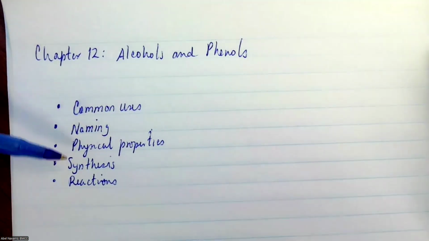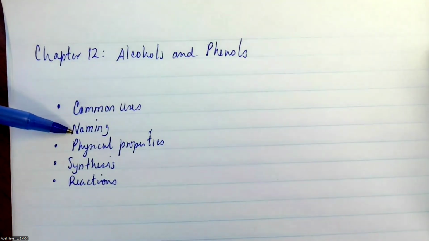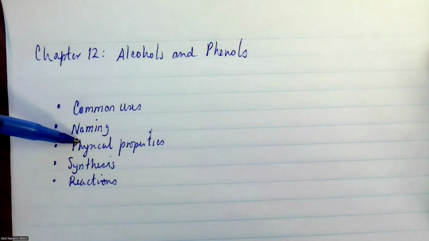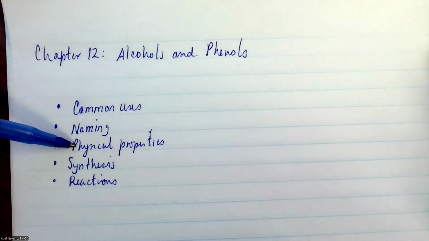Not always, but in the most important cases, like alcohols and phenols, we will do it now. Then physical properties, like maybe unusual boiling points, melting points, acidic properties, basic properties, special resonance, maybe some electronic features that the functional group has. Everything will fall under physical properties.